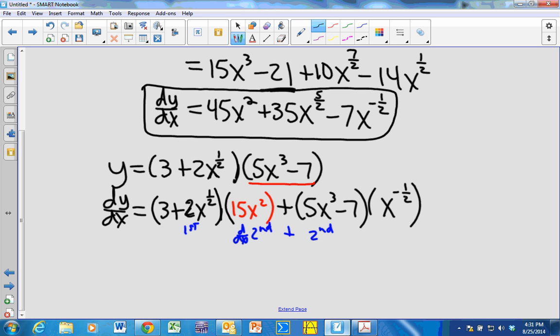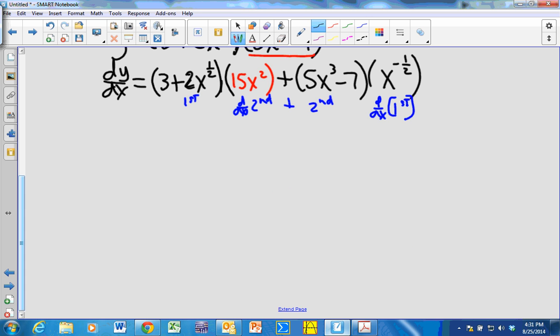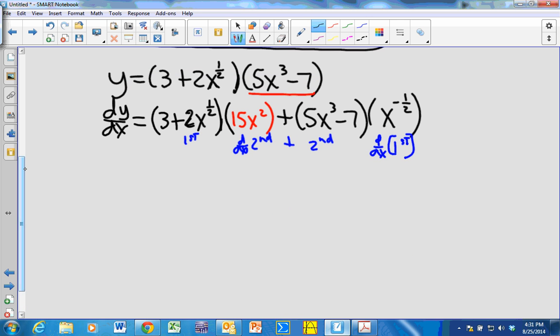So this is the derivative of the first. So again, hit pause and go back if you're not sure about that and check what I did. All I did was move the power in front to do that derivative and lower the power 1. Now let me clean this up so we can see if it matches. So I need to distribute here on the left, so I get 45x squared plus 30x.